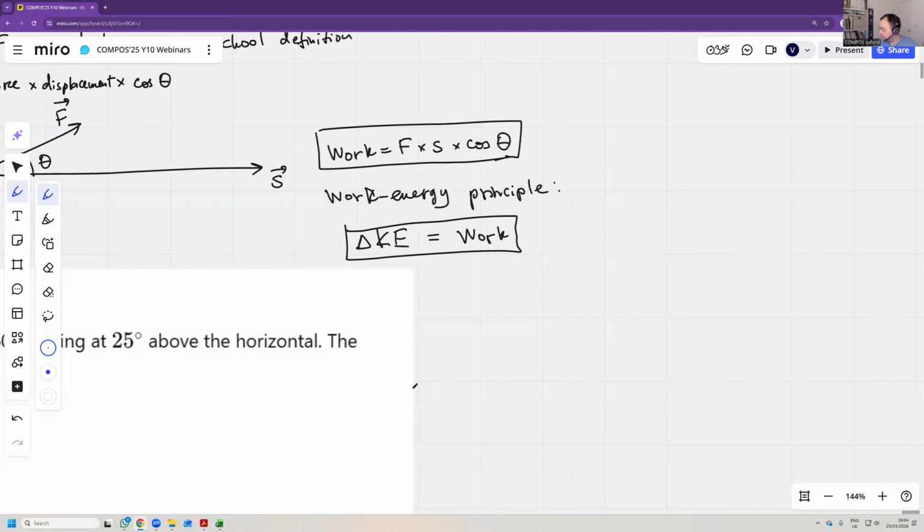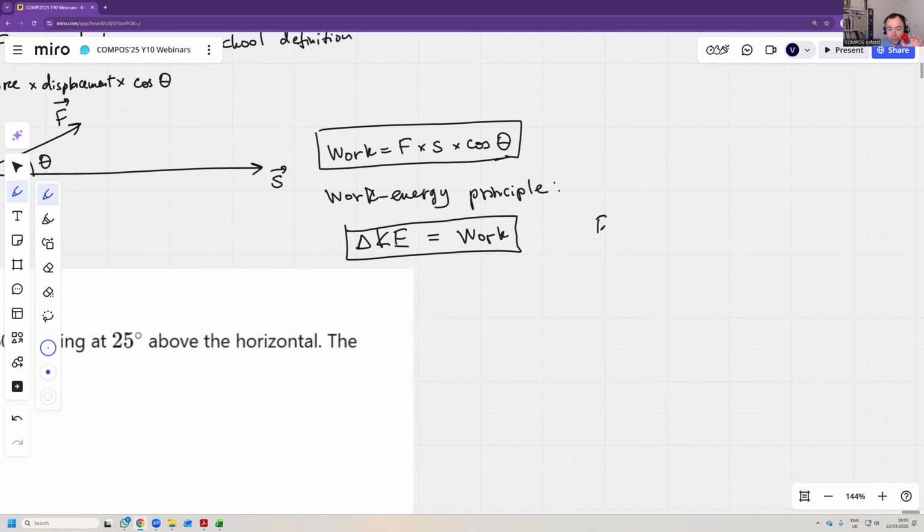Let that sink in. If I take a golf ball, this is not a golf ball, but close enough, and I apply a force to that ball, and as a result the ball moves, the ball will have kinetic energy equal to the amount of work I've done. That's very important, and it's not an obvious thing.